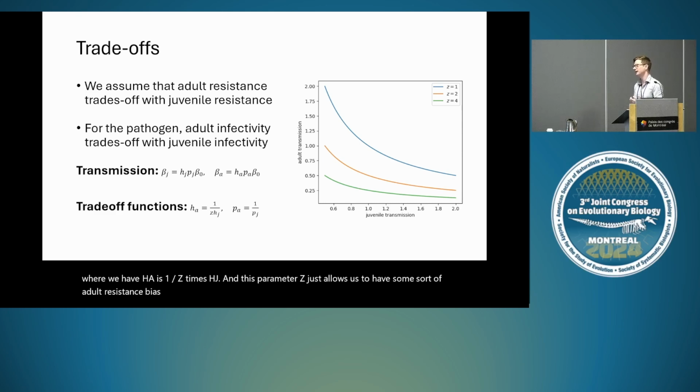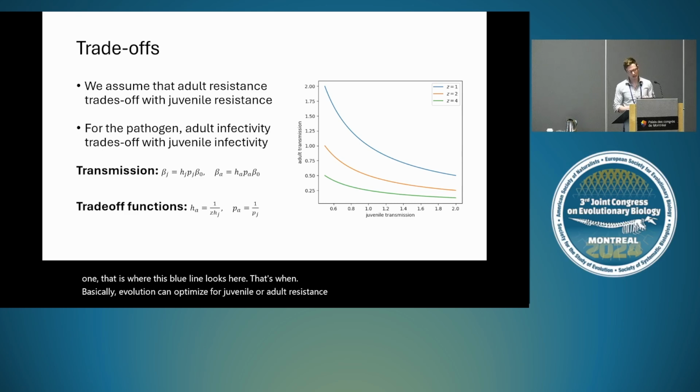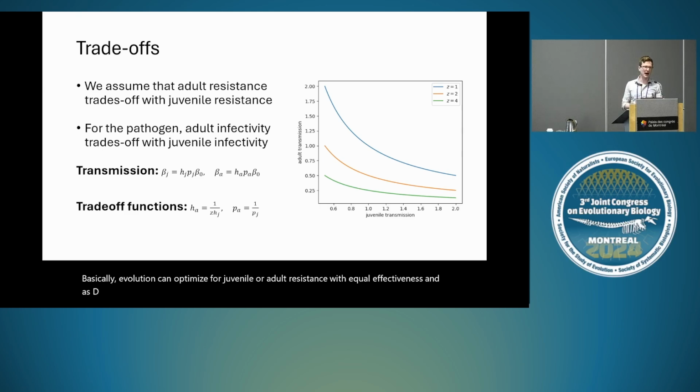I mentioned that in our system, and in many other systems, adults tend to be way more resistant at baseline. When Z is equal to 1, that is where this blue line is. That's when evolution can optimize for juvenile or adult resistance with equal effectiveness. As Z increases, adults have a higher level of baseline resistance.